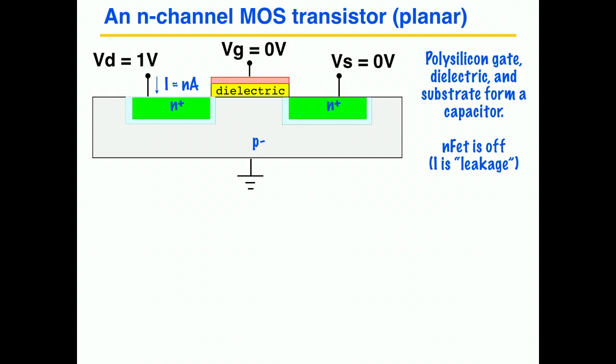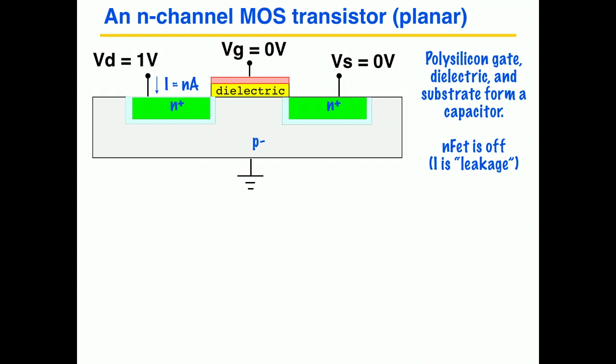So N plus means that this is a region that has a surplus of electrons. The P regions here have relatively fewer electrons. They're richer in holes if it's a P region. And the plus or the minus just means the amount of concentration. So this is almost a neutral material. It slightly has a surplus of holes, which is the absence of electrons.